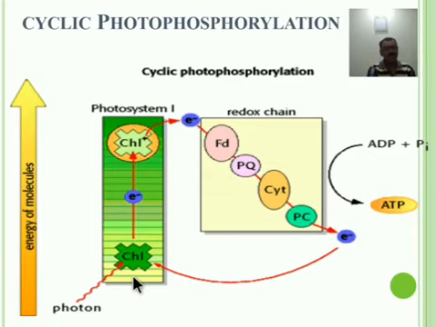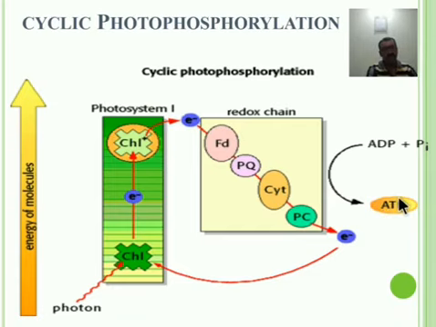Cyclic photophosphorylation yields only one photochemical product, or energy, and that energy is in the form of ATP, produced here from ADP plus inorganic phosphate, an energy rich molecule.